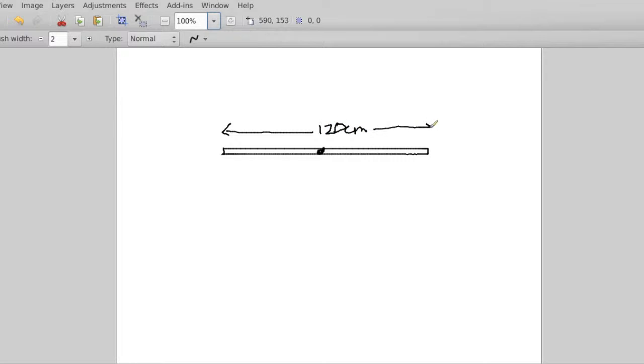So half of this would be 60, and we're not even anywhere near that. We're at 20 centimeters, so somewhere like right about there, in blue, is where I'm going to apply the force.